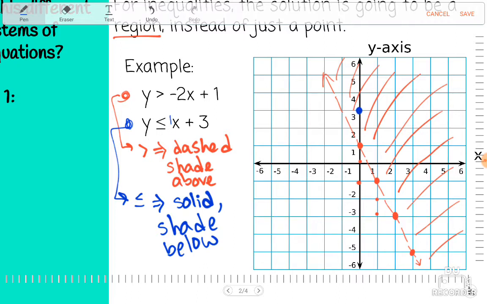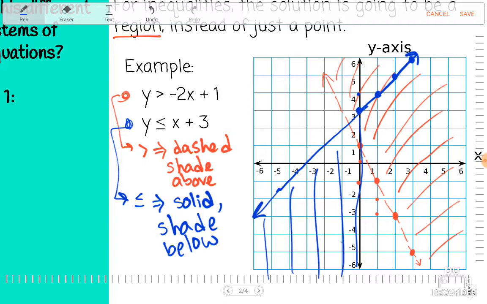The slope, there's an invisible 1 here, so it has a slope of 1, or I could go up 1 over 1. Okay, and that's how I'd get my line. Again, it's solid. So there's my line. I'm shading below, so it's the y values that are below the line, so down here.